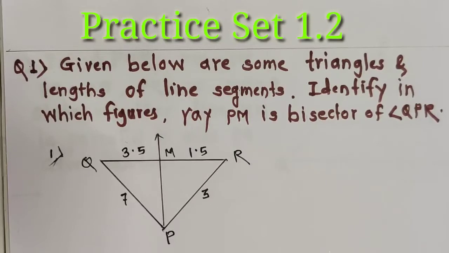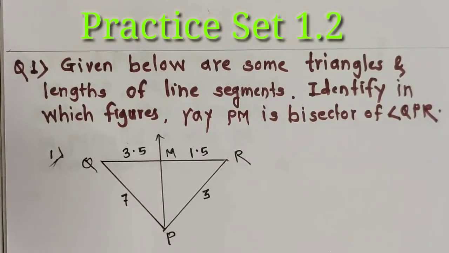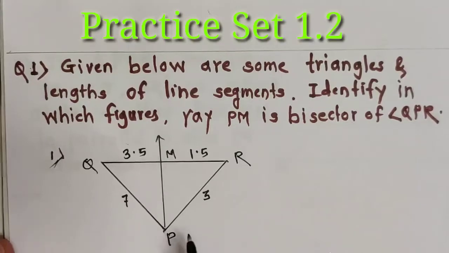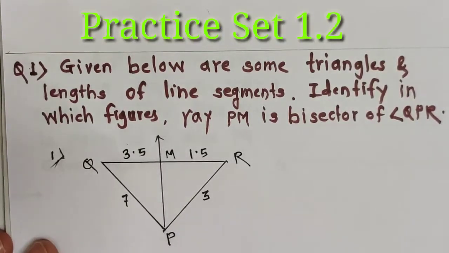So how to decide? You know that angle bisector property of a triangle. According to that angle bisector property of triangle, if we consider this triangle PQR, if this PM bisects angle P, then according to angle bisector property, what we can write?